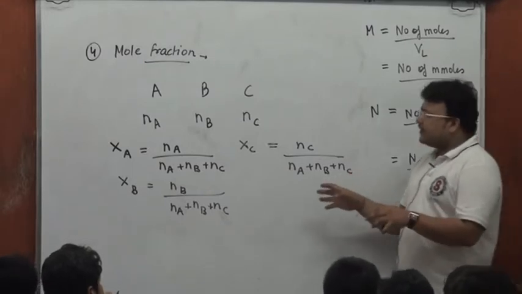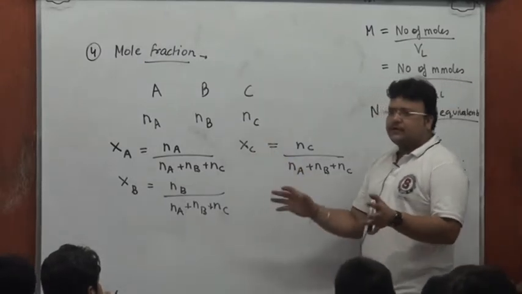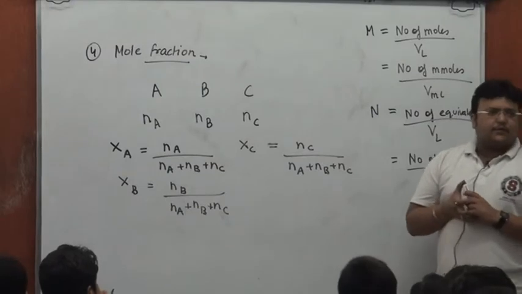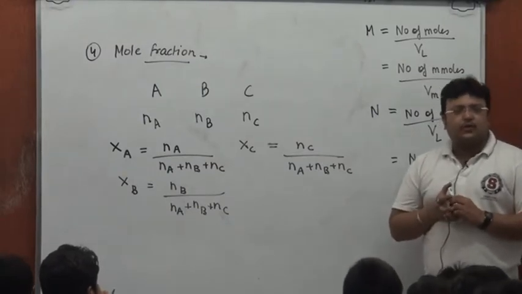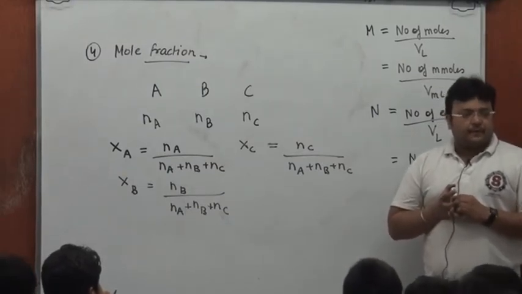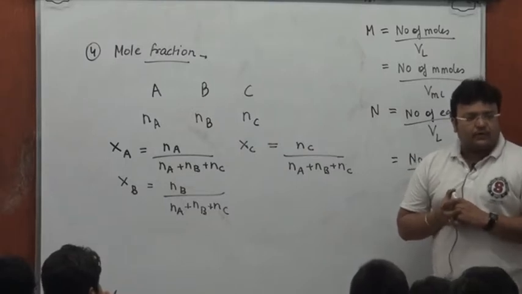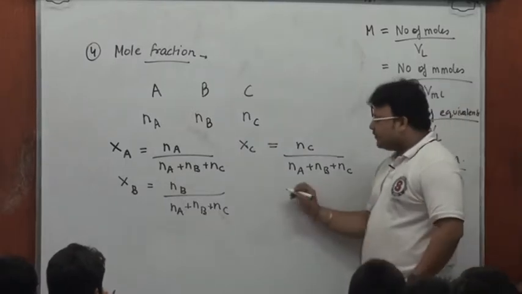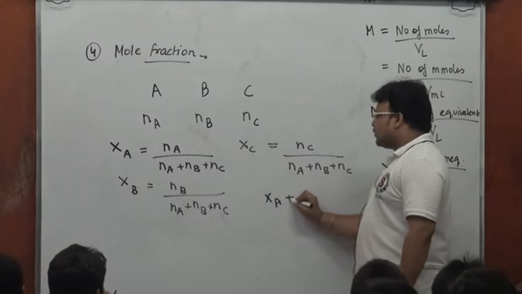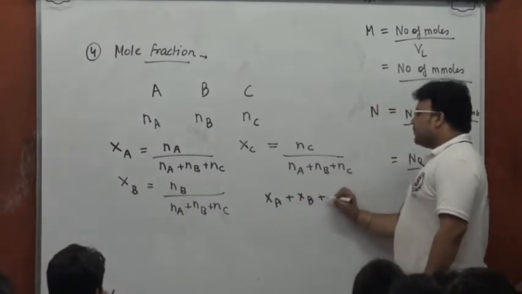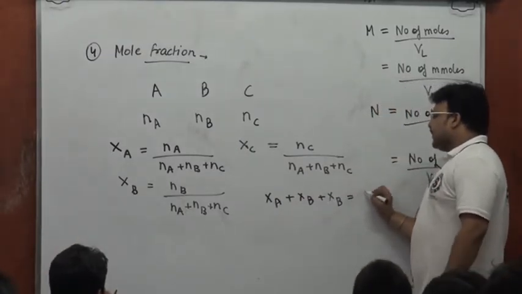As it's pretty evident, if you add up the mole fractions of all the components, they will add up to unity. Yes or no? So expect the mole fraction of all the components to add up to unity.